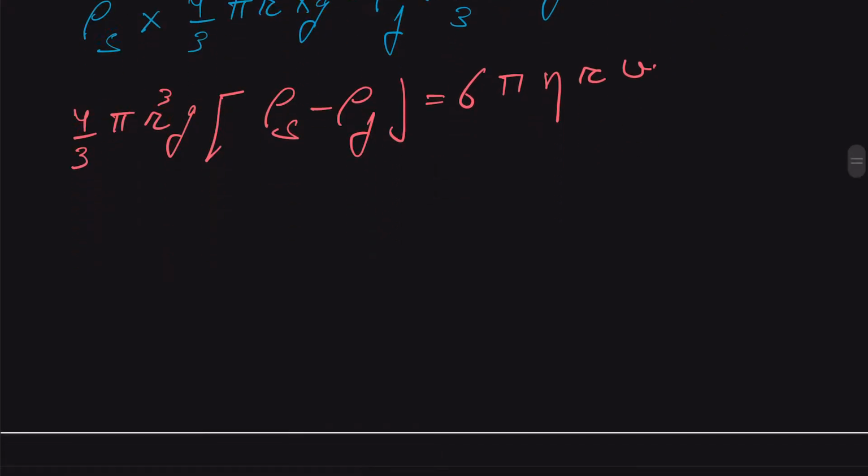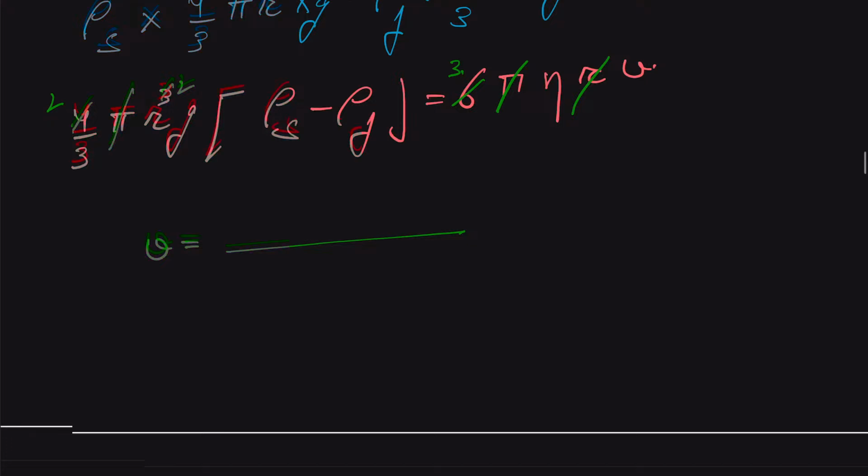Therefore, cancelling pi and the common factors, this becomes 2, this becomes 3, and r becomes squared.